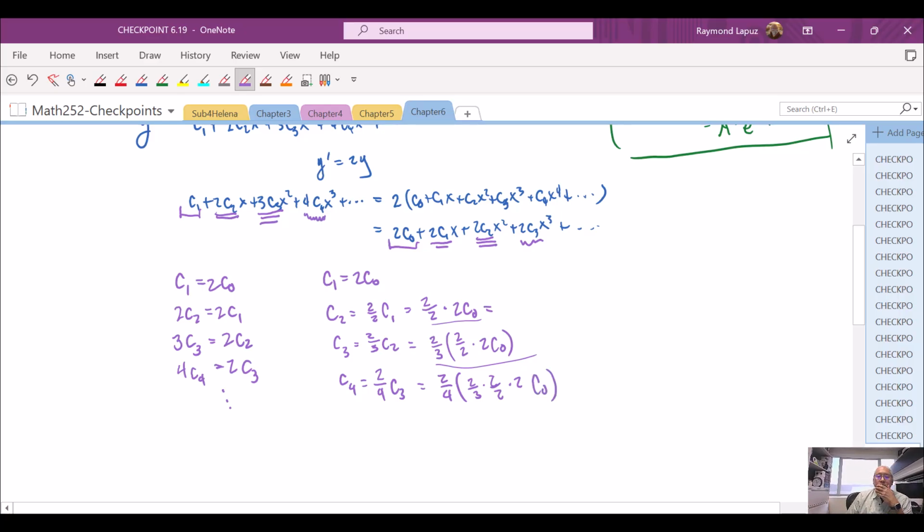Okay, so I think I'm getting more confident about the series that we have, about the patterns. And I will consider this 2 times this 2, so the numerator will have a 2 squared over 2 times C sub 0.